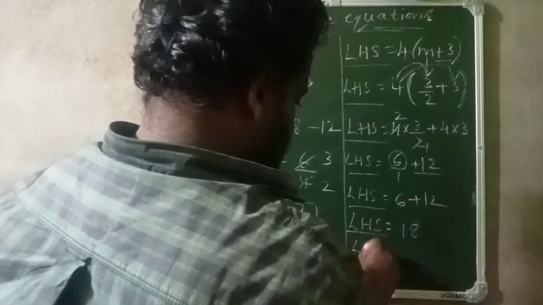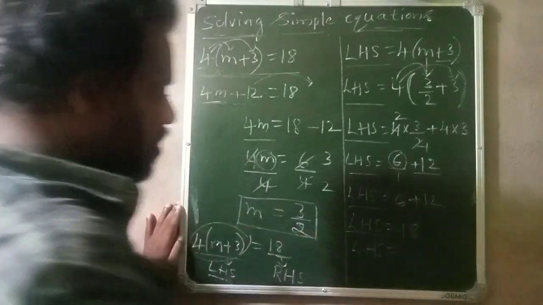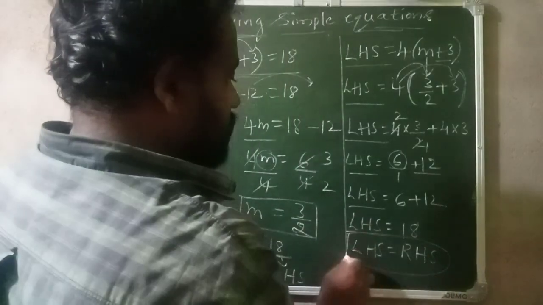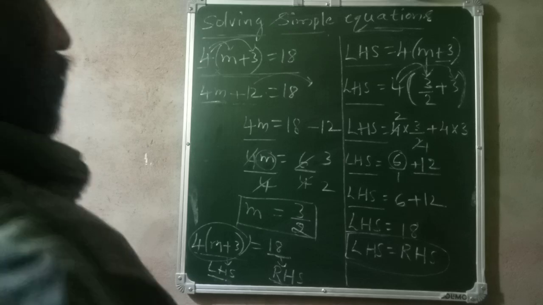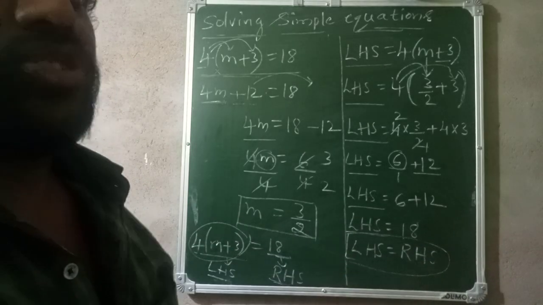Next step write this LHS is equal to we have 18. So I already said 18 means RHS. So in place of 18 I am going to write RHS. So see now we got LHS is equal to RHS.